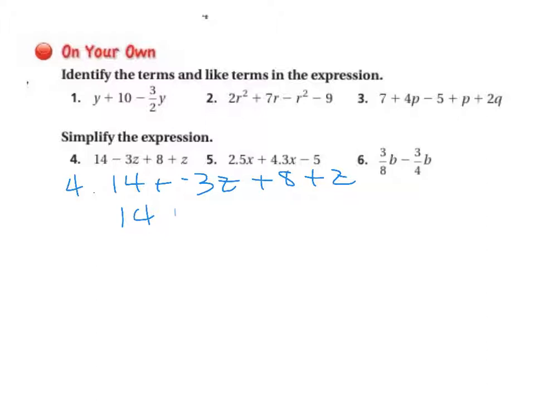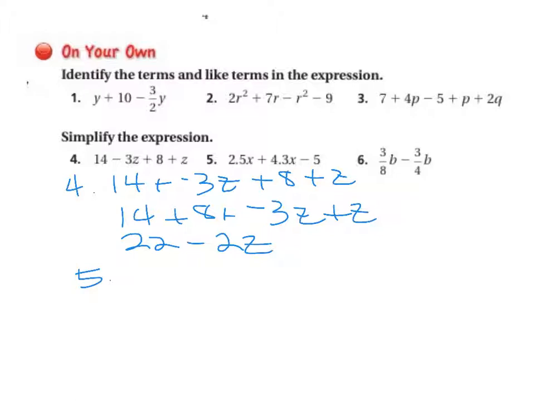So 14 plus 8 plus a negative 3z plus z. And then we can start combining. 14 plus 8 equals 22, and negative 3z plus a z equals a negative 2z. So at that point you can take out that extra plus sign because you don't need it anymore, because you're done moving things around.